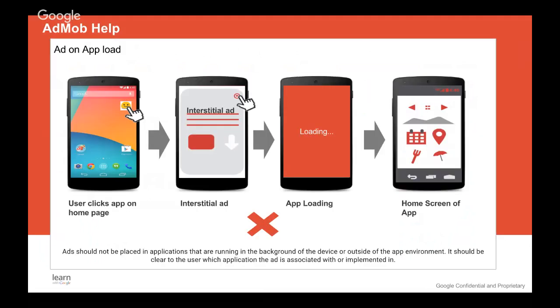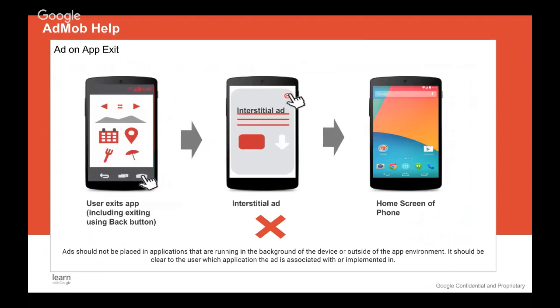The first case is when the person clicks on the icon on the desktop, we see the interstitial pop out. After closing it, there is a loading page, and after that, the home screen of the app. This is not allowed because before the interstitial, it is the desktop, which is outside of the app environment. Thus, it violates the golden rule that we just discussed.